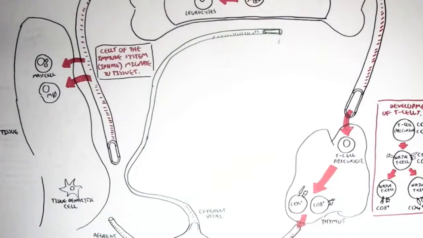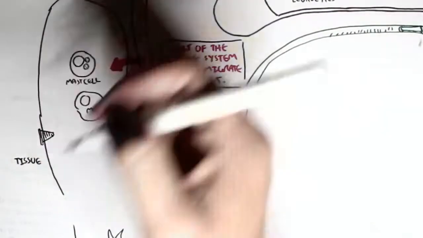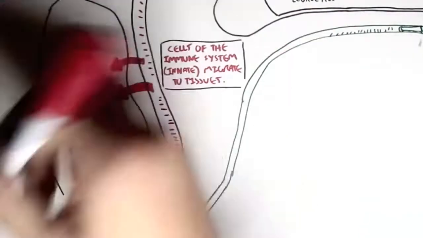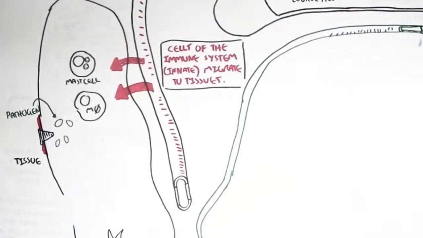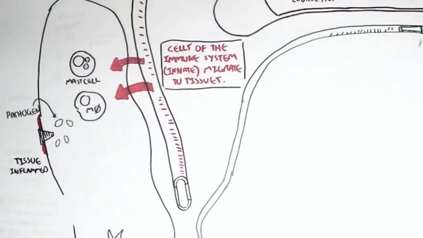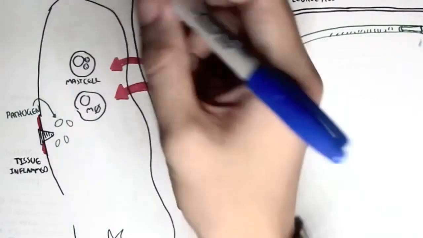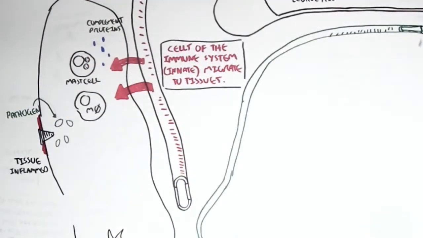In the previous video, we looked at what happens when a pathogen invades our body. So for example, in the tissue, if we have a nail which brings in certain pathogens inside the body, how would our body respond? Well, this tissue will become inflamed, and the innate immune cells will try to destroy the pathogens before they do any damage.